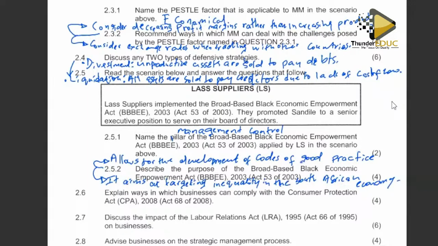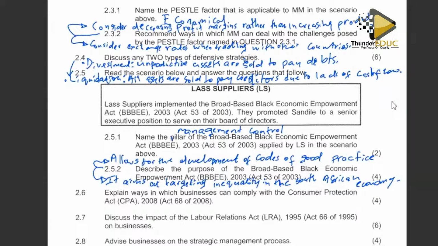Okay, so now we're saying that the purpose of the BBBEE allows for the development of codes of good practice, and also it aims at targeting inequality in the South African economy.